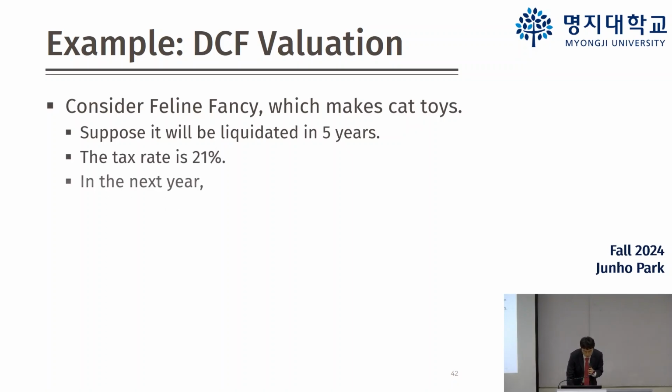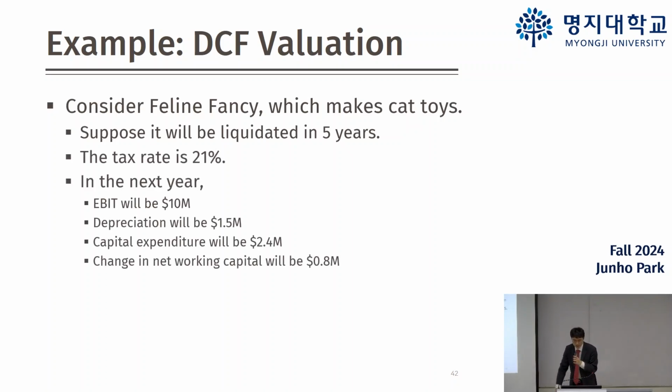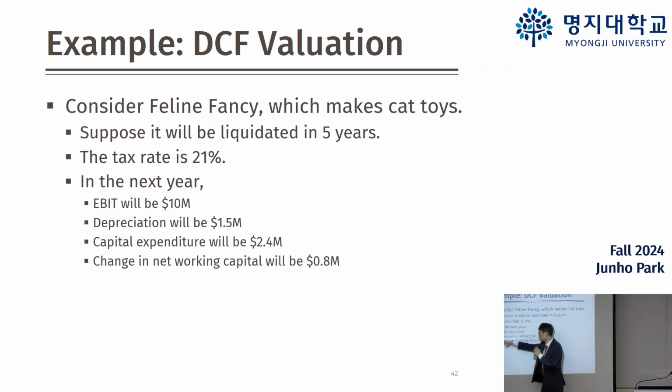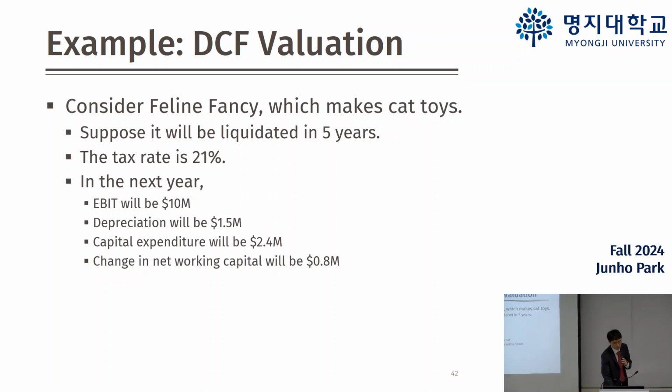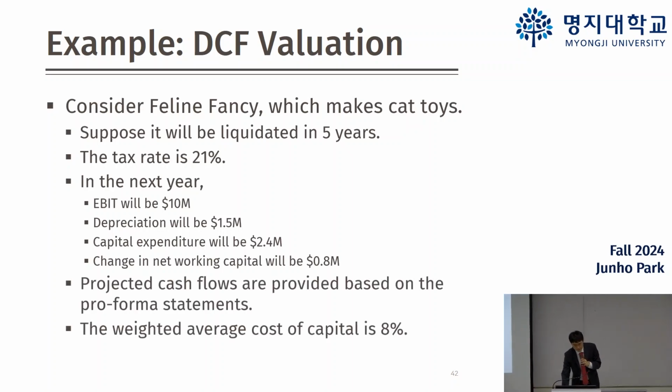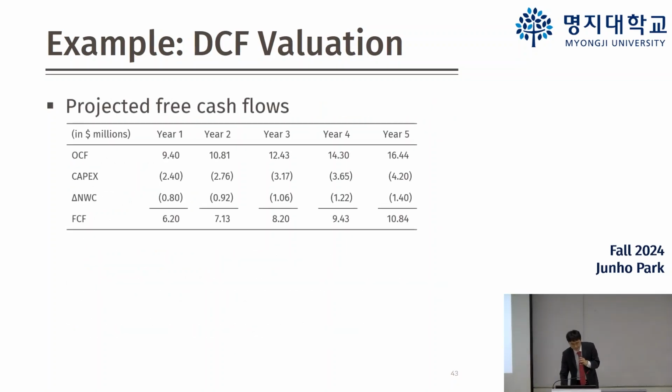And for each year, we have sufficient information such as EBIT, the depreciation, capital expenditure, and the change in net working capital. And these are given like this.